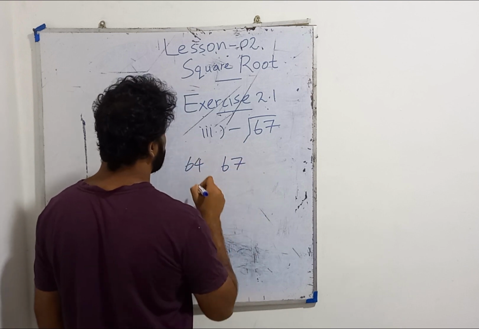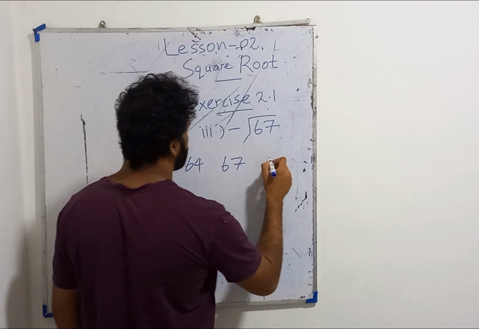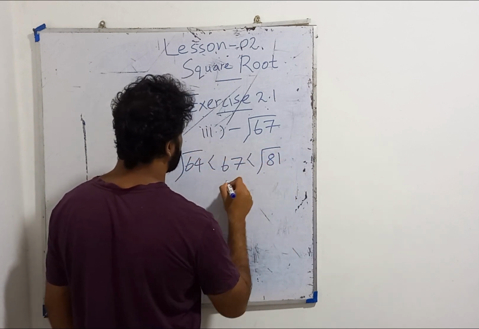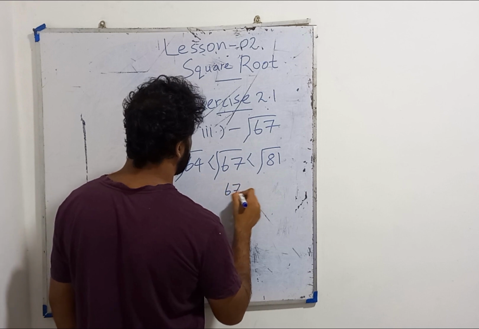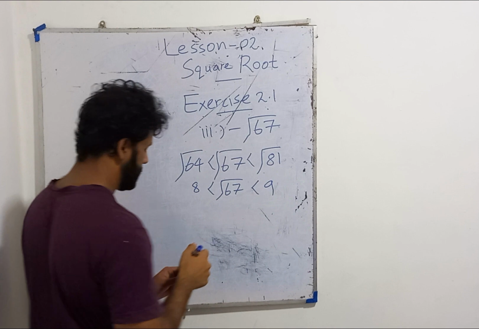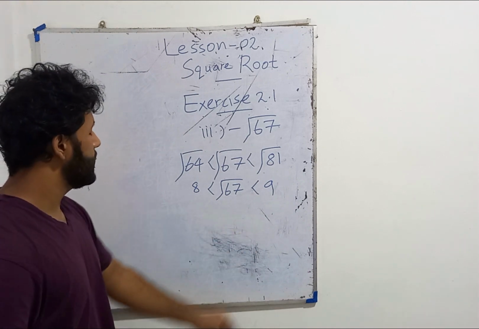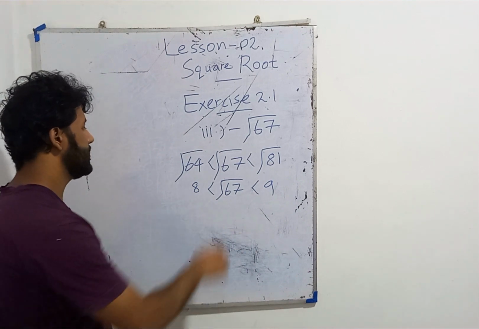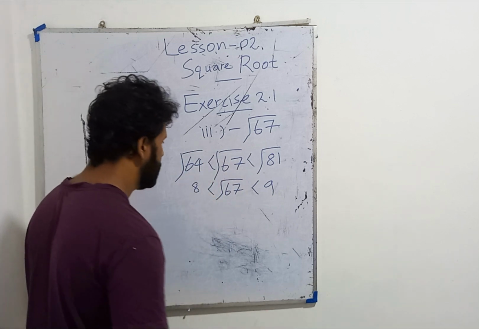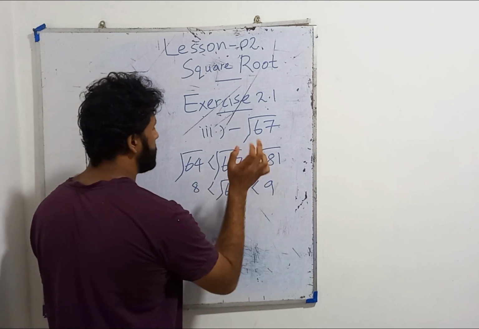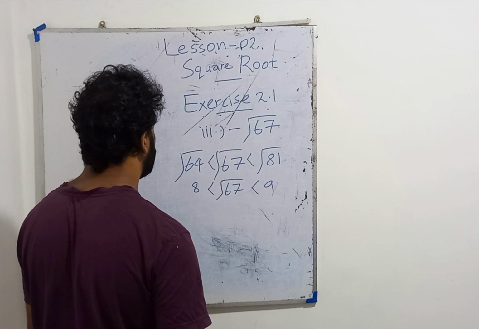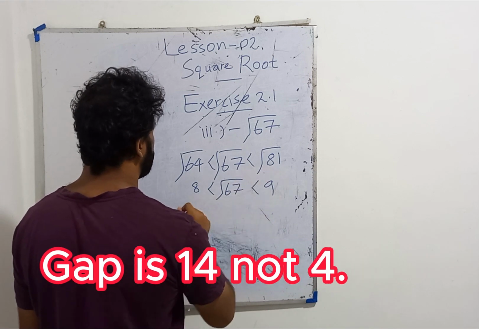67 lies between 64 and 81, so the square root is between 8 and 9. 67 is closer to 64, then you have to consider 8.1, 8.2 like that, because the gap is 3 and the other gap is 4.